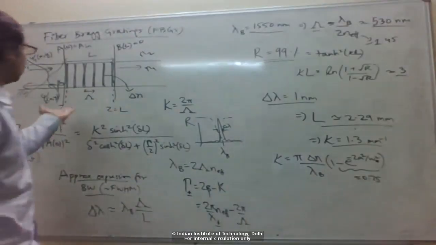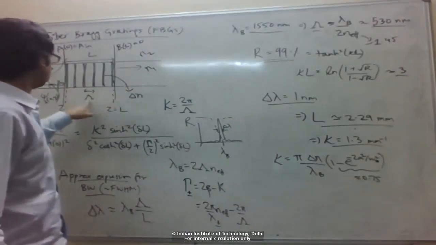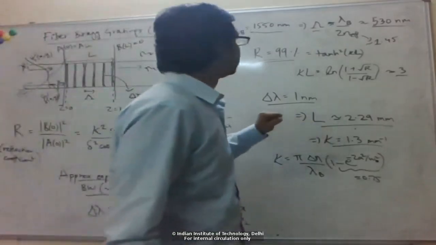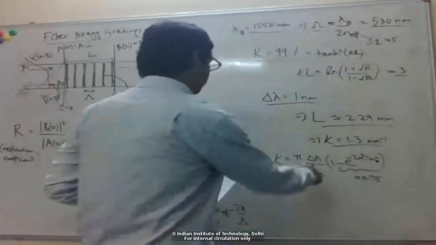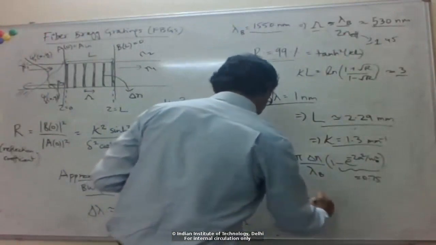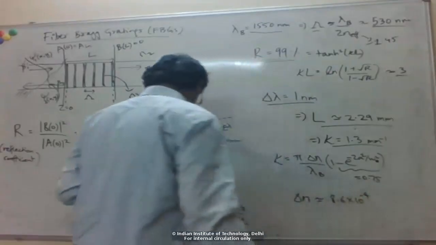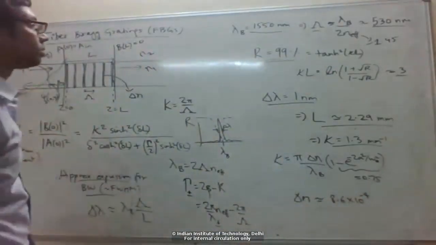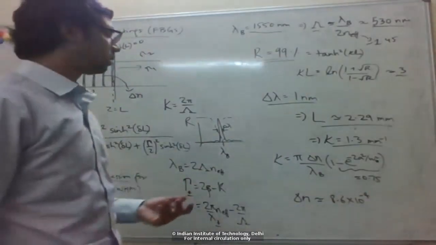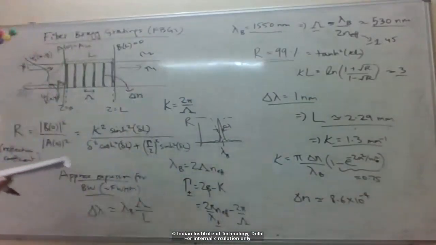So these are the three parameters that we need to make an FBG: delta n, period capital lambda, and total length. We found what length we need, what period we need, and then the index change we calculate from here. That comes out to be 8 times 10 to the minus 4.